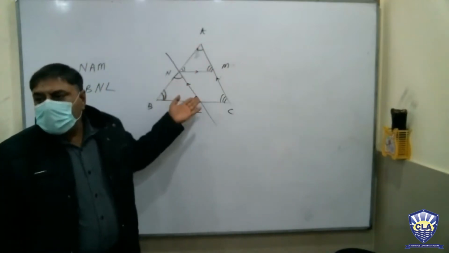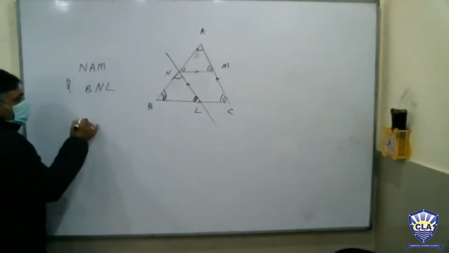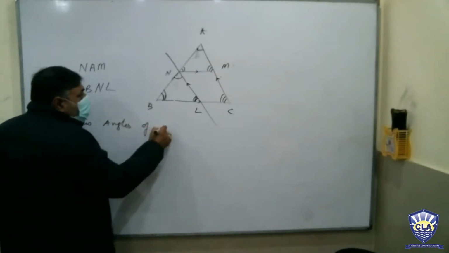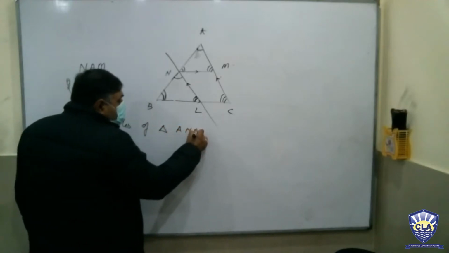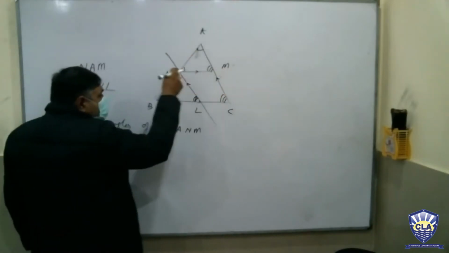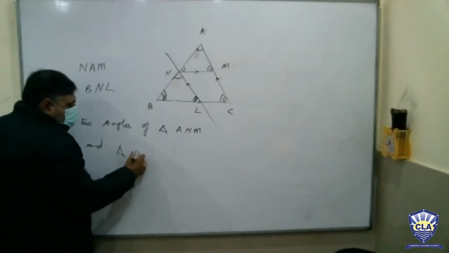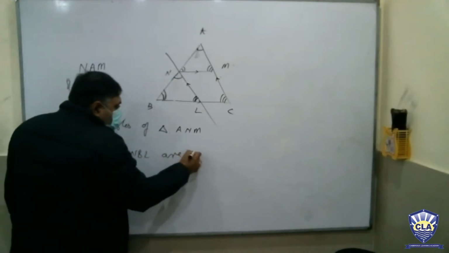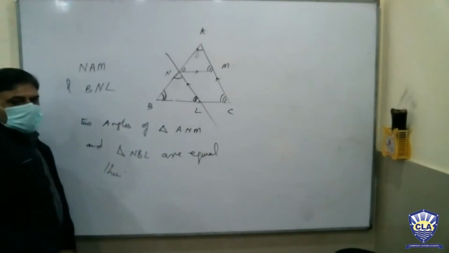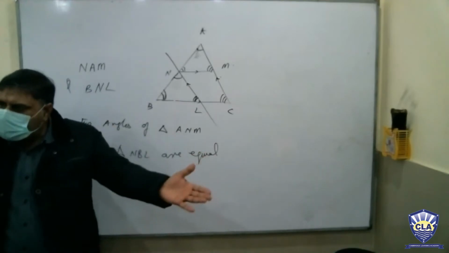If two angles of triangle ANM and triangle NBL are equal, then that alone is not an argument. We have to show the third one is also equal.